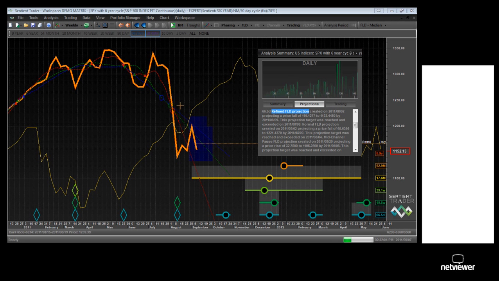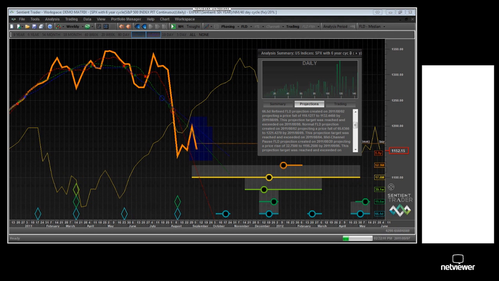They project a target and a time. But they don't actually use the FLD. They use what I consider to be a refined FLD, which is the triad, the 3 moving lines. And so where those 3 intersections cluster together, you tend to get a projection.